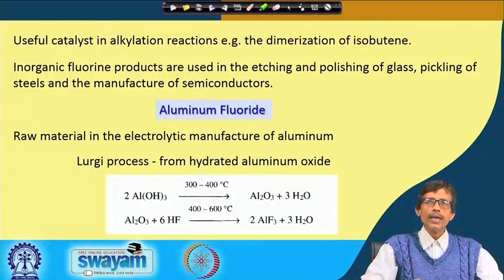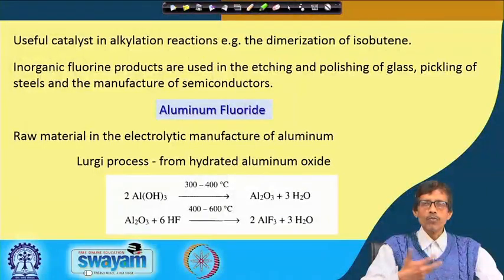So, that is typically aluminum hydroxide, but if you keep that aluminum hydroxide for a longer period, water molecules can be removed from it, and it can be converted to alumina. The formula of it is Al2O3.